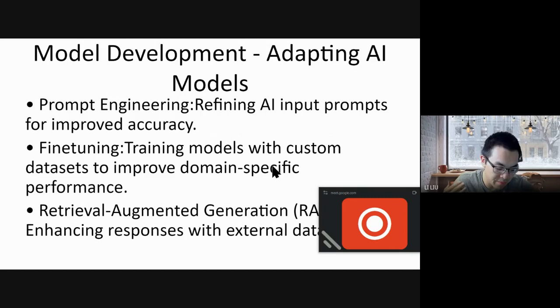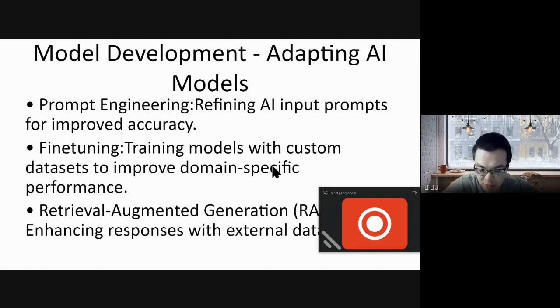So one thing is prompt engineering. Essentially, it's refining the AI input prompts for improved accuracy. Definitely there are a lot of resources right now on how to do the best prompt engineering. And fine-tuning is when you fine-tune the model based on your own data set so that it can be more useful for domain-specific performance.